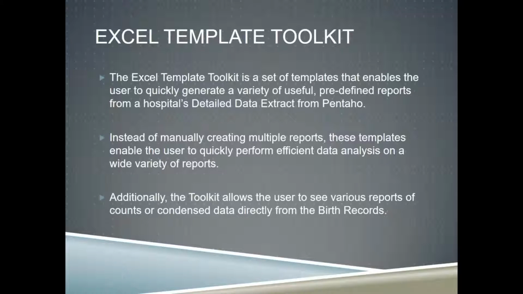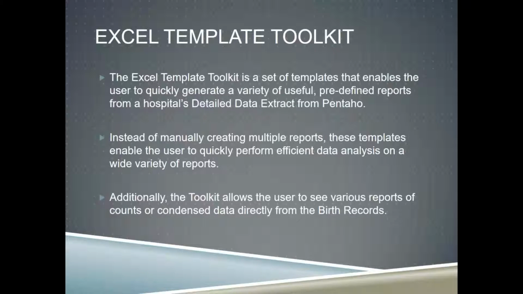As I stated before, the Excel template toolkit has probably 10 to 12 tabs, if you will, in an Excel document. And there is a range of pre-defined columns. Just to step back, everything is driven based on the data extract from Pentaho.